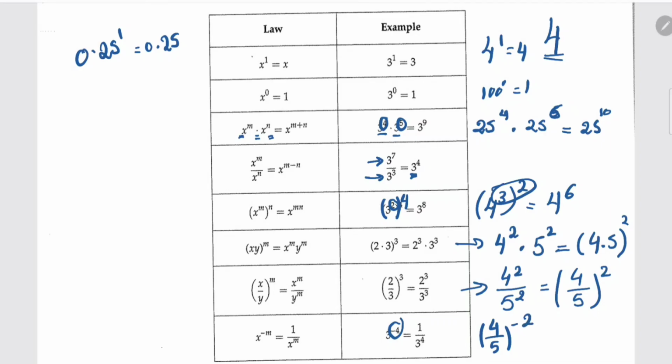Oh, negative power. What is the meaning of negative power? Find the reciprocal of the number. What is the multiplicative inverse of 4 over 5? It's 5 over 4. So I removed the negative power, and then I have 5 over 4, all to the power 2.